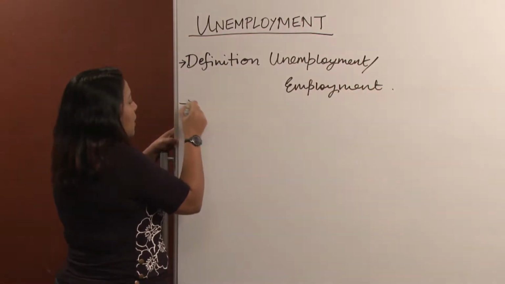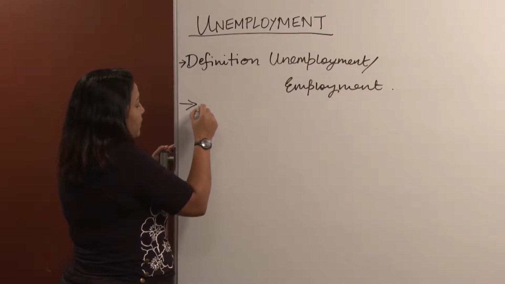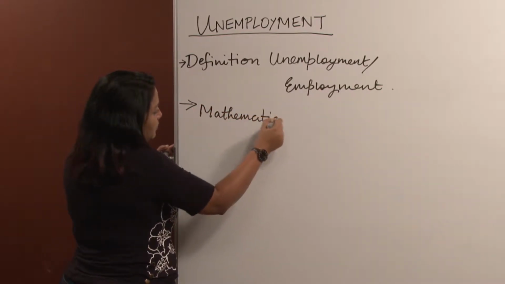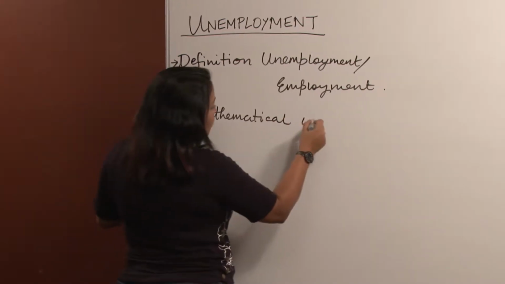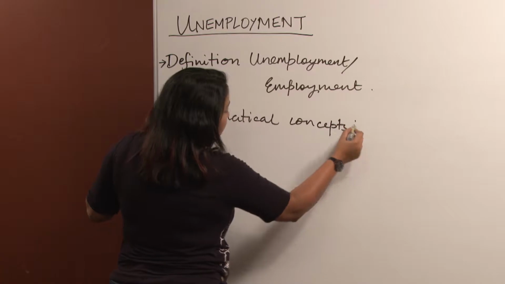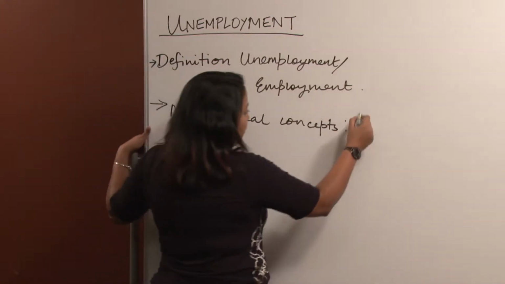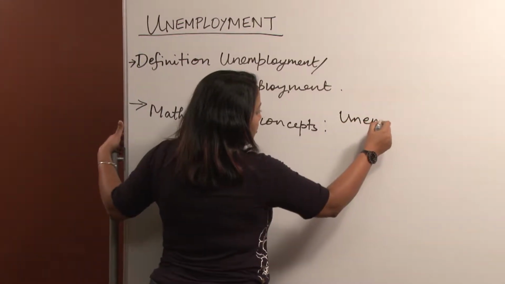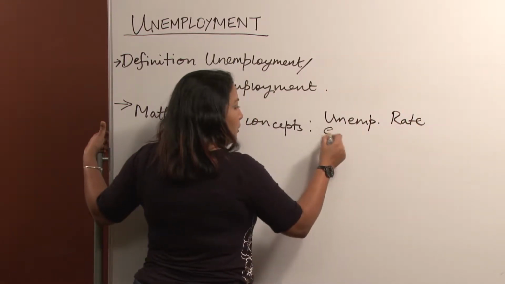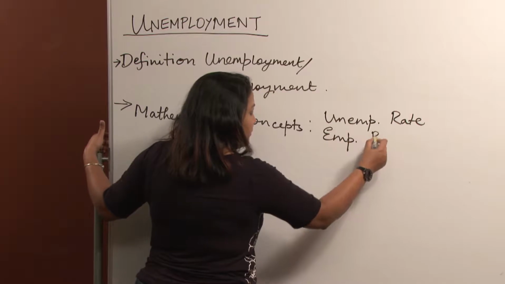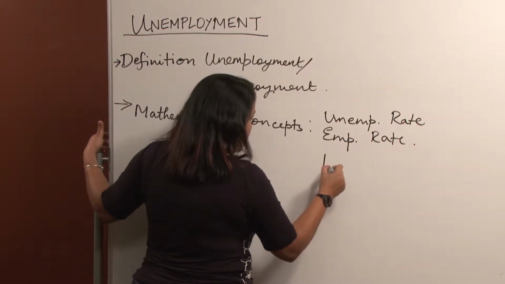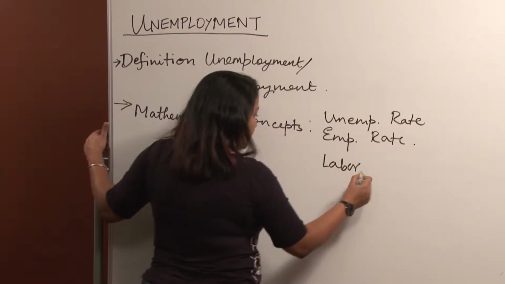Then we will talk about some mathematical concepts or formulae, and under these mathematical formulae we will talk about the unemployment rate, we will talk about the employment rate, we will talk about the labor force participation rate.